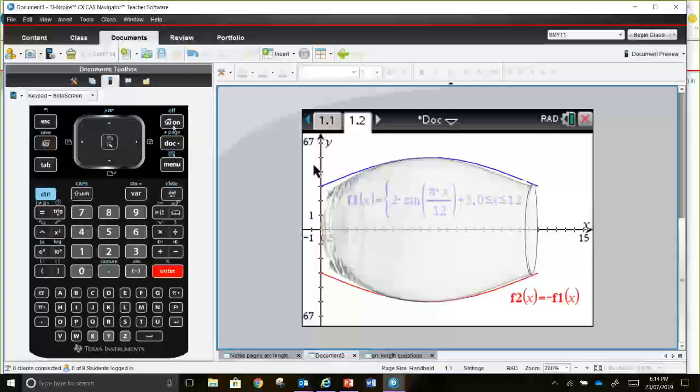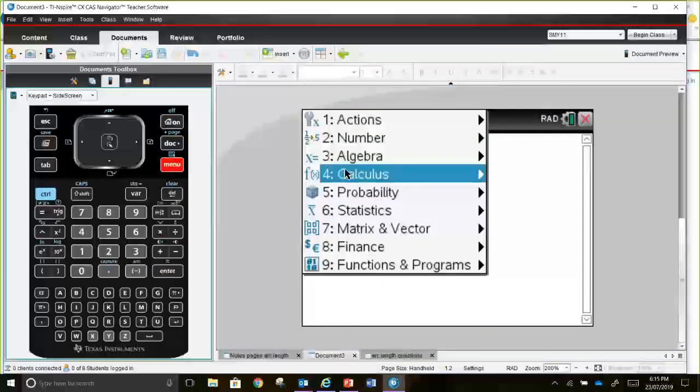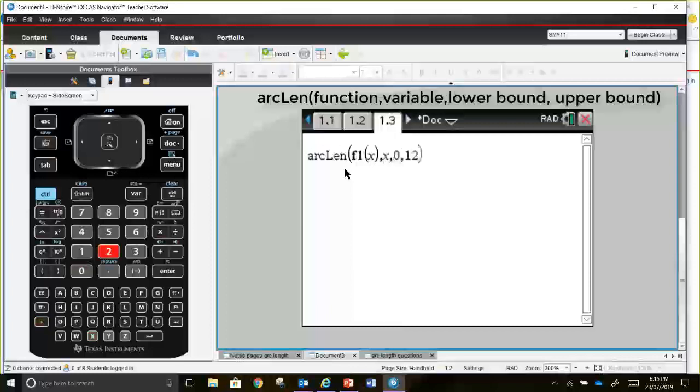Let's try to do it in the calculator screen. Again, menu, calculus, arc length, and our function is f1(x), which we already defined, so it comes up bold. The variable is x, and we go from 0 to 12.